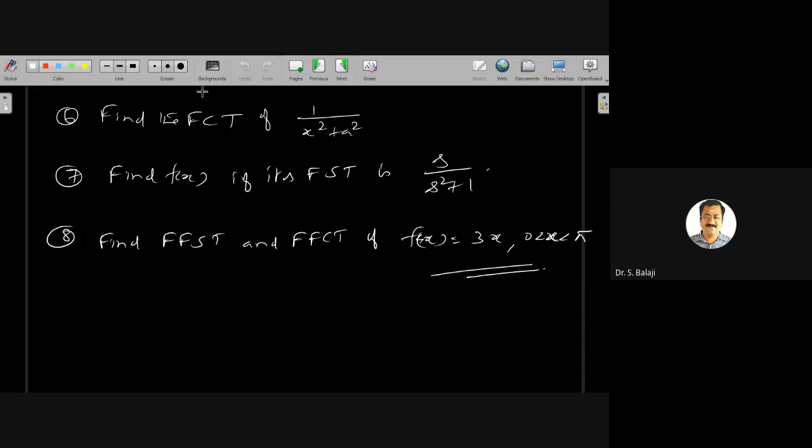Also, for this type of problem, 1 by x square plus a square, what idea can we follow?